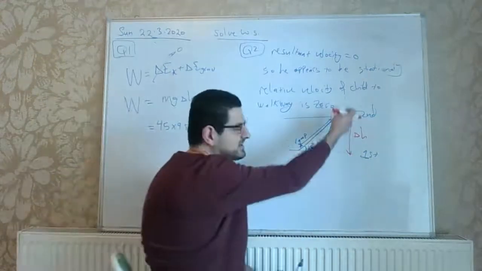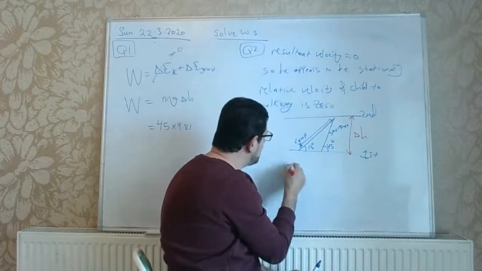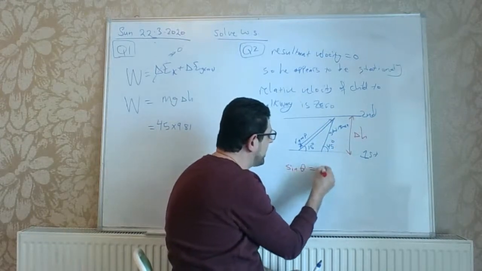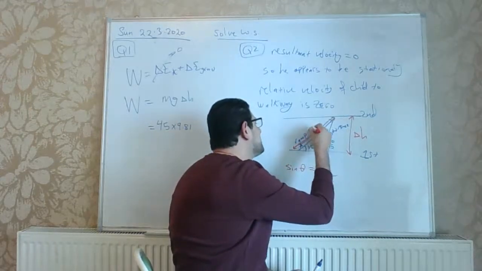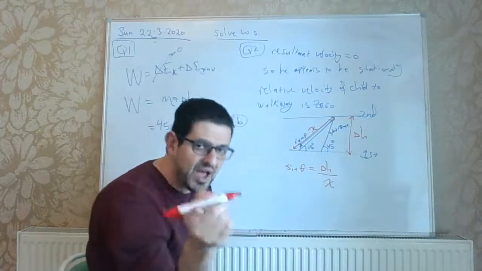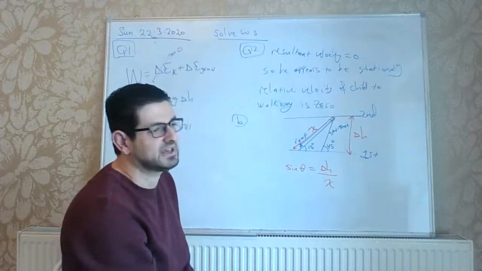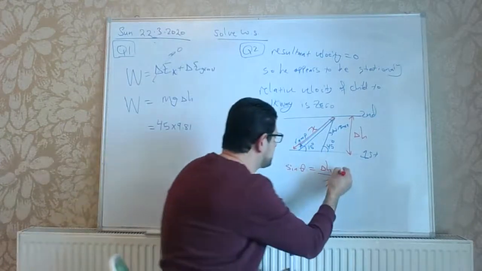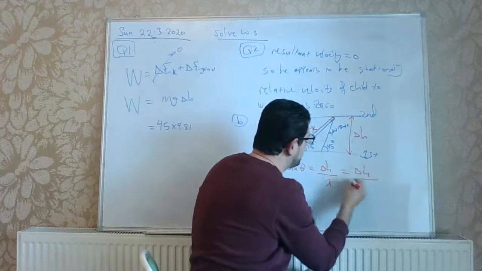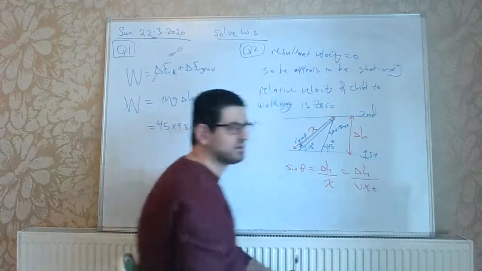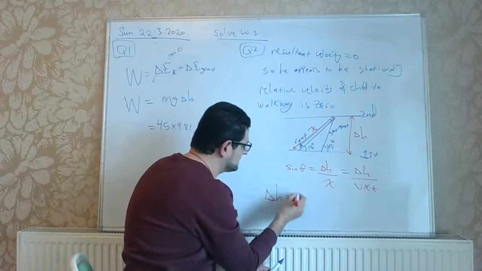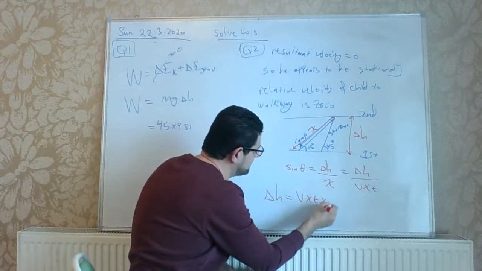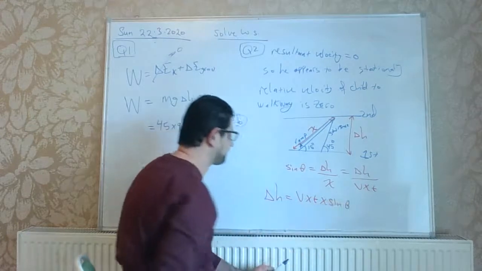Since I want the height, I say sine theta equals the height over x. X is this distance, which is not given. I will use the speed and the time that you said. So delta H over V times T. So delta H, which I want, is velocity times time times sine of the angle.